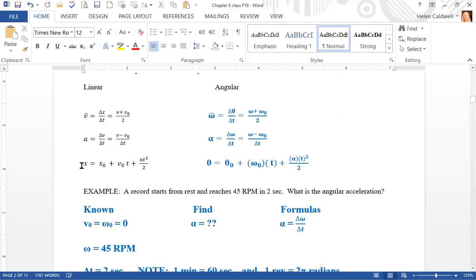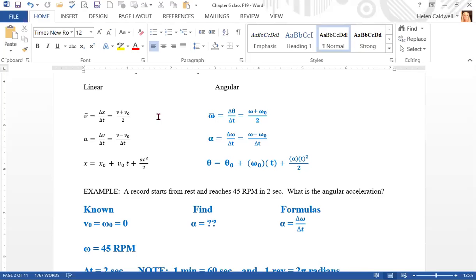Now, let's look at this. We want to compare the linear equations to their angular equivalents. We are supposed to already know these linear equations. We know that delta x over delta t is equal to v plus v0 over 2. If we write that as an angular equation, all we have to do is translate. x's become thetas and v's become omegas.